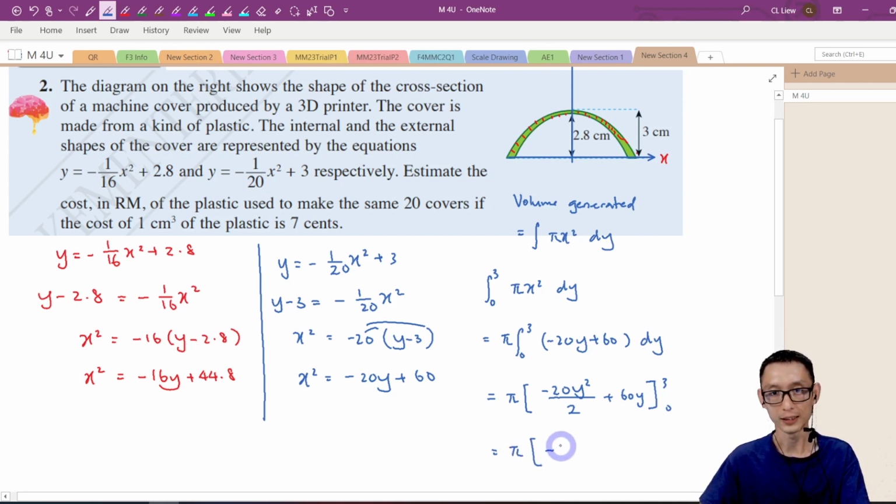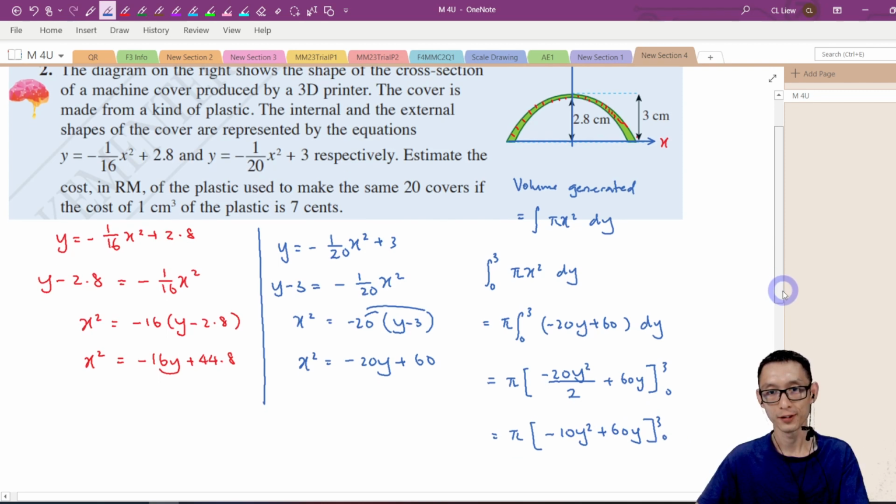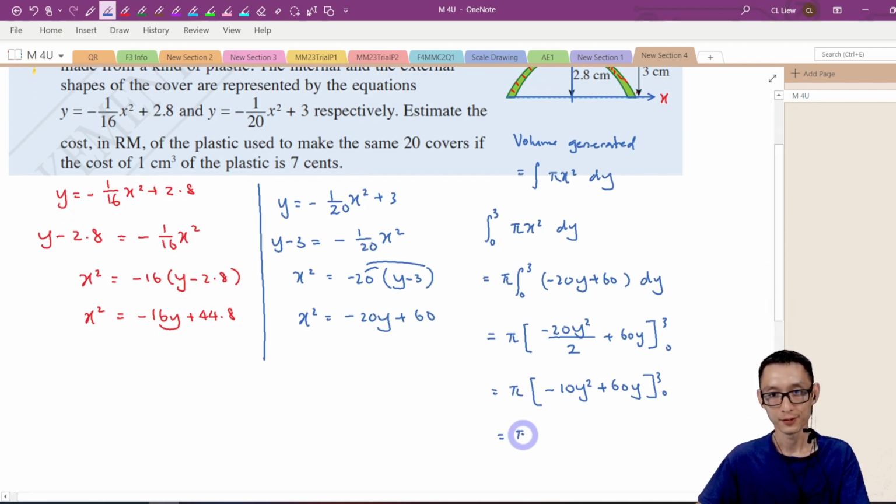Now this is negative 10 y squared plus 60 y. Okay, let me bring in the upper limit first, and then the lower limit.